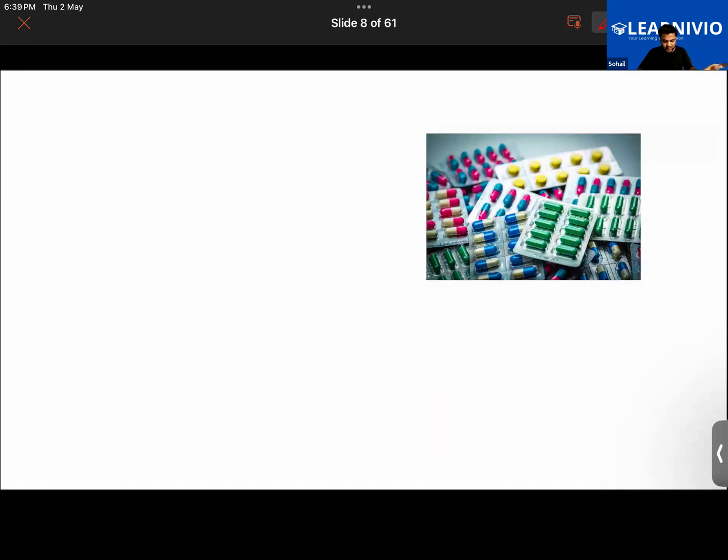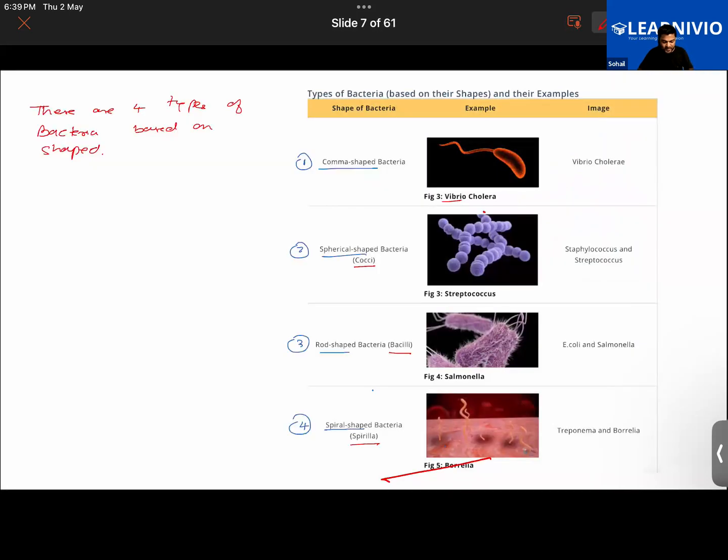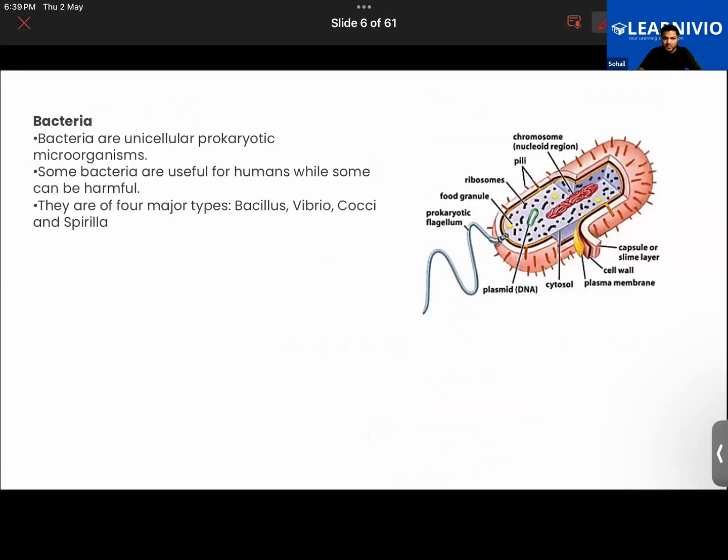Then we studied about different properties of bacteria. We discussed that cells are of 2 types. In general, all types of cells, whether human cells, animal cells, plant cells, any kind of cells, are categorized into 2 types.